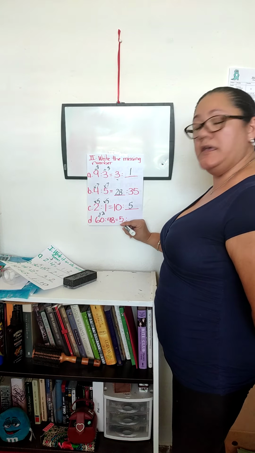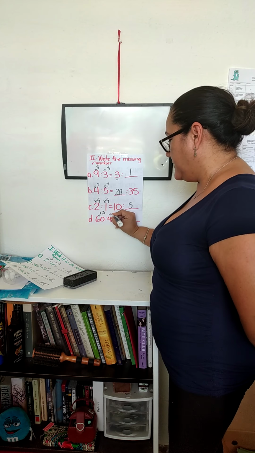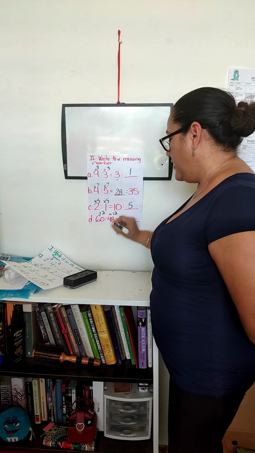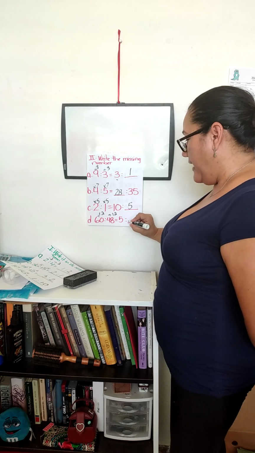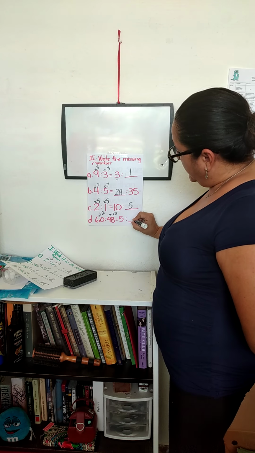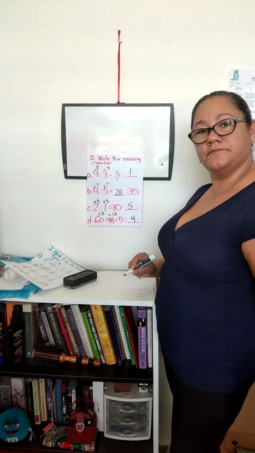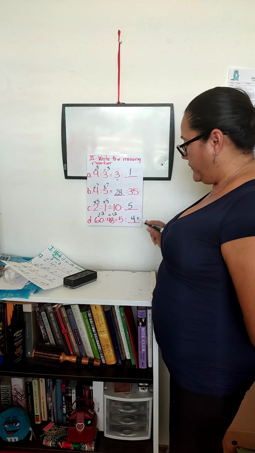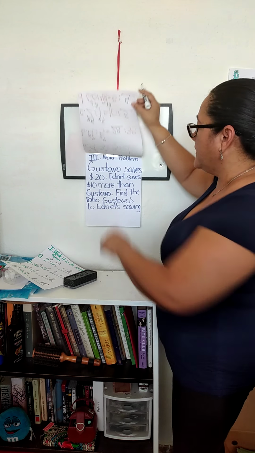So that gives me 5. So I do the same thing on the second number. I take the 48 and I divide by 12. And that will give me the number 4. Okay? 5 ratio 4.